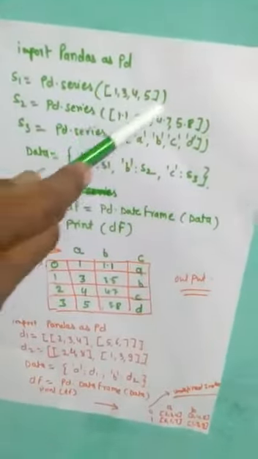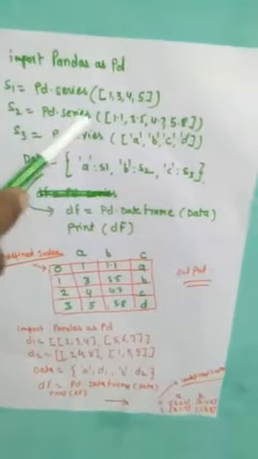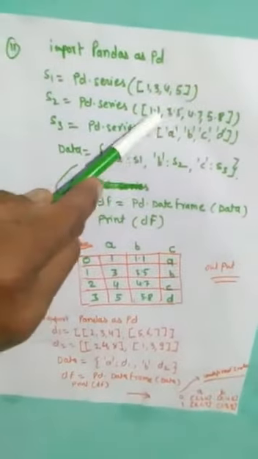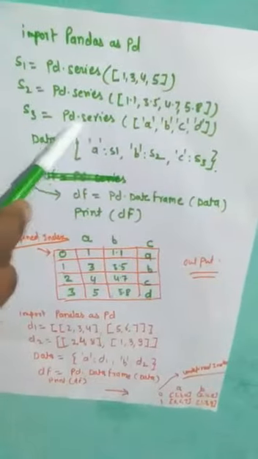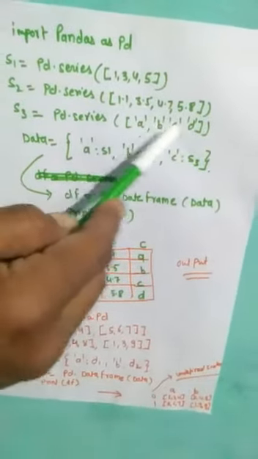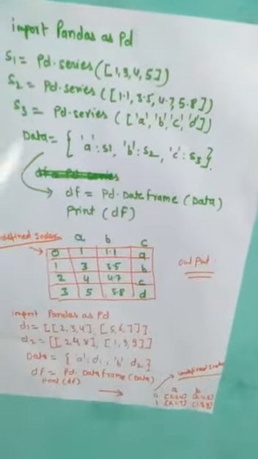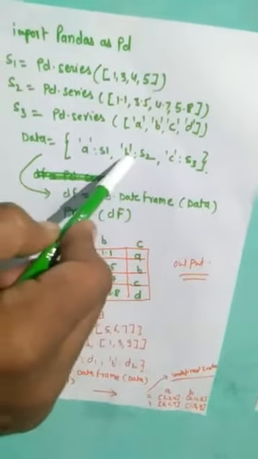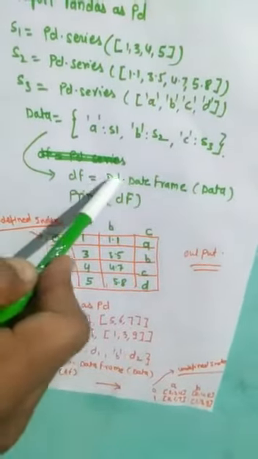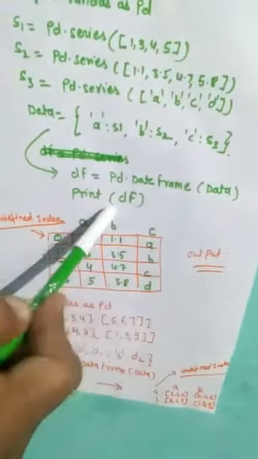Now we can understand through another program. S1 is pd.Series 1, 3, 4, 5. S2 is equal to pd.Series 1.1, 3.5, 4.7, 5.8. S3 is pd.Series string A, string B, string C, string D. Data is equal to index A S1, index B S2, index C S3. df is equal to pd.DataFrame(data), print df.